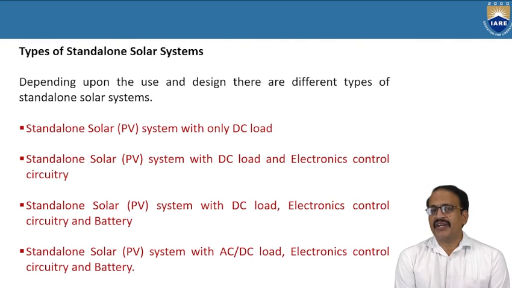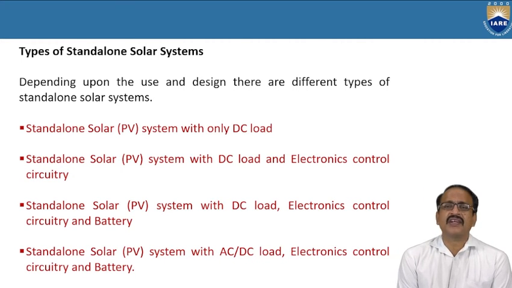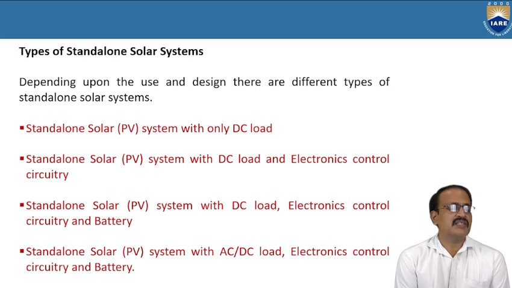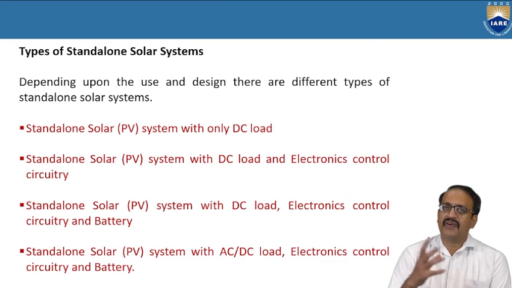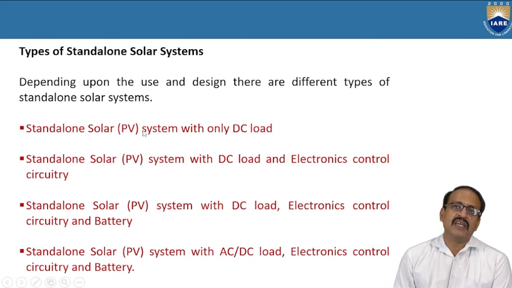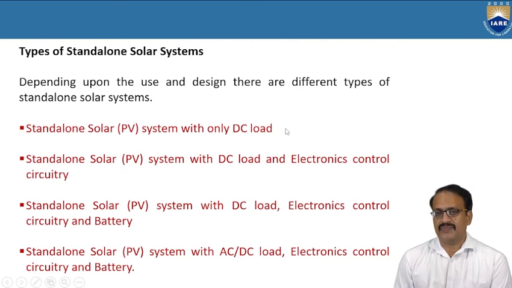The first, we started with the solar panel and equipment which can work under DC power, that is the DC load. This is very simple. So the first is the standalone PV system with only DC load. That means we have a PV system, that is panels, and a load.